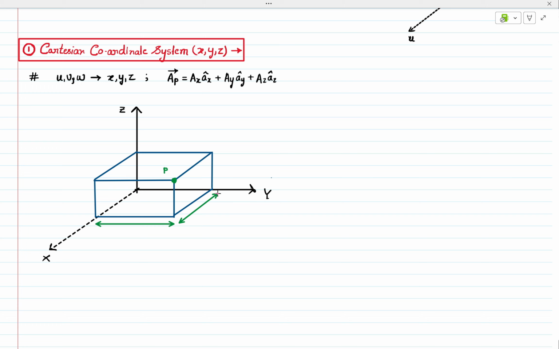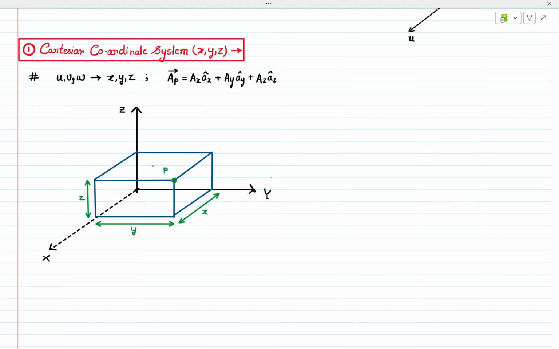This is the x value of that particular point, and this is the z value of that particular point.